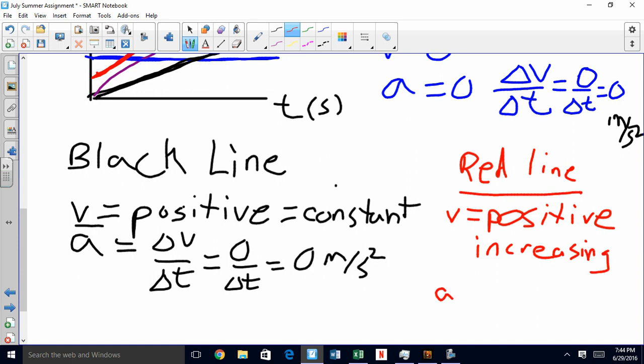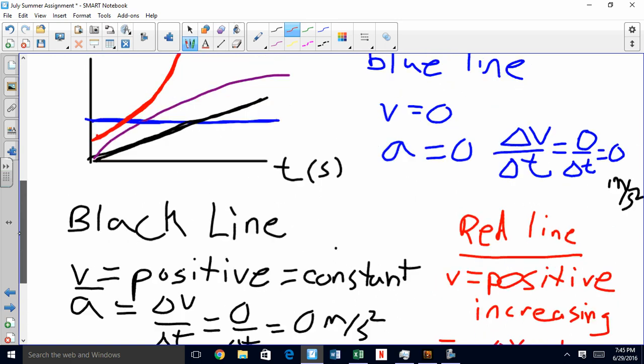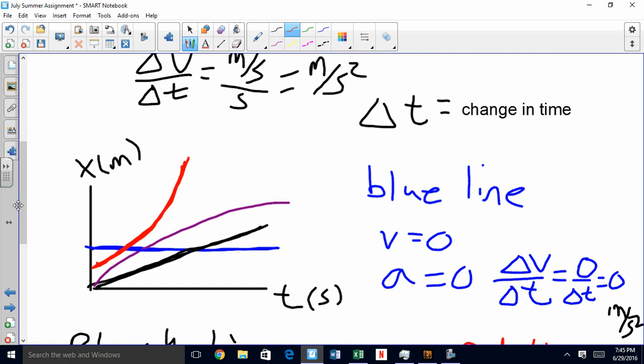That means my average acceleration, since my velocity is increasing, delta v is positive. And delta t is still positive, if you will. We're going to assume it's positive, which means we have a positive acceleration. And that's because this line, if you look at it, is getting steeper as we go out further.